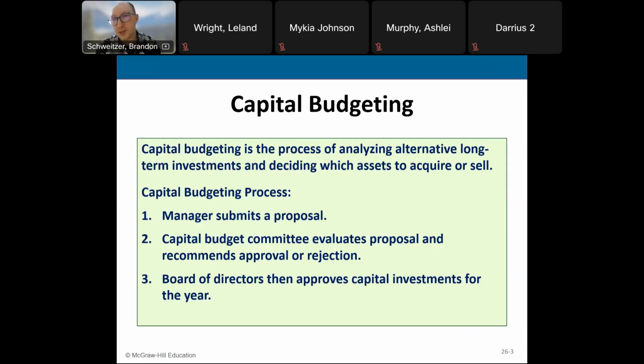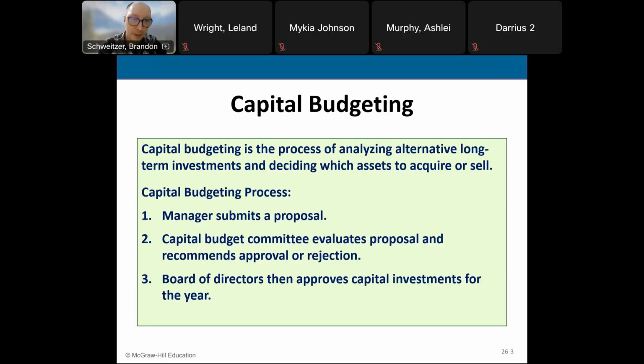A couple of options laid out. Machine A, machine B, machine C. You know, and what are the costs, upfront cost? How long is it going to last? All that type of information. Submits the proposal to the board of directors or to the higher level of management, and then that either gets approved or rejected.